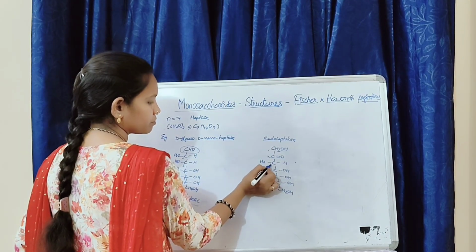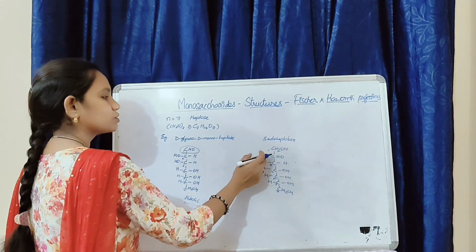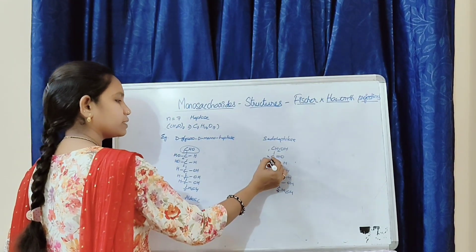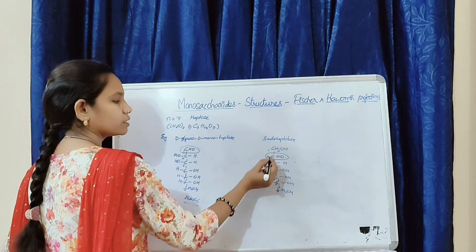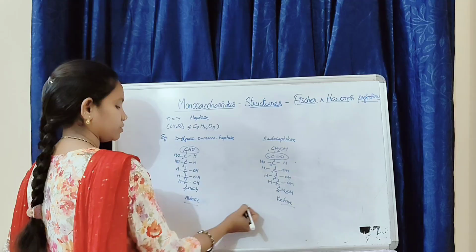Start numbering. So again it is also a 7 carbon atom compound, and here the carbonyl group is a ketone group. So it is an example of a ketose.